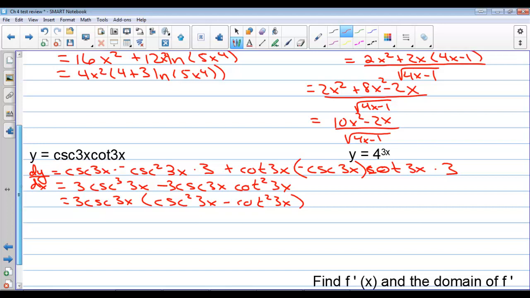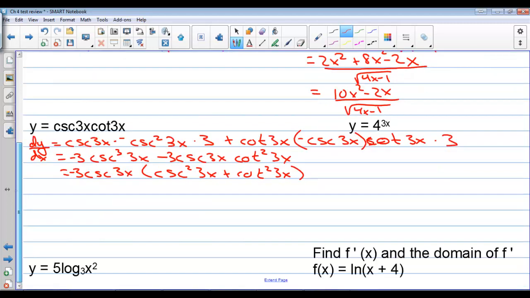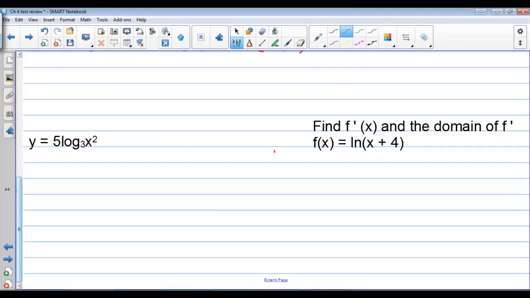So that means if I took a negative out of here, that'll be a positive. There we go. So I got my negative straight now. Questions on that one? Cosecant minus cotangent would have been 1, by the way, but I knew that it doesn't. It should be plus. Try that again. There we go.